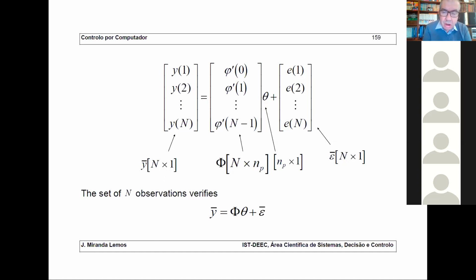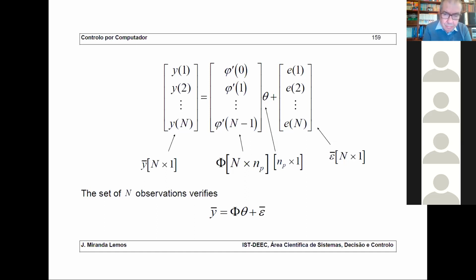But now you have this story of the noise. So if you have the noise, sometimes the noise goes up, sometimes the noise goes down. So how should capital N be with respect to the number of parameters? What is a wise choice?